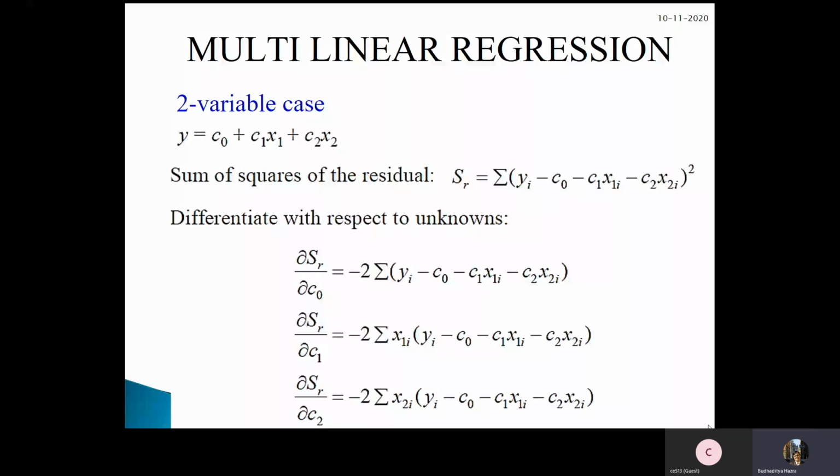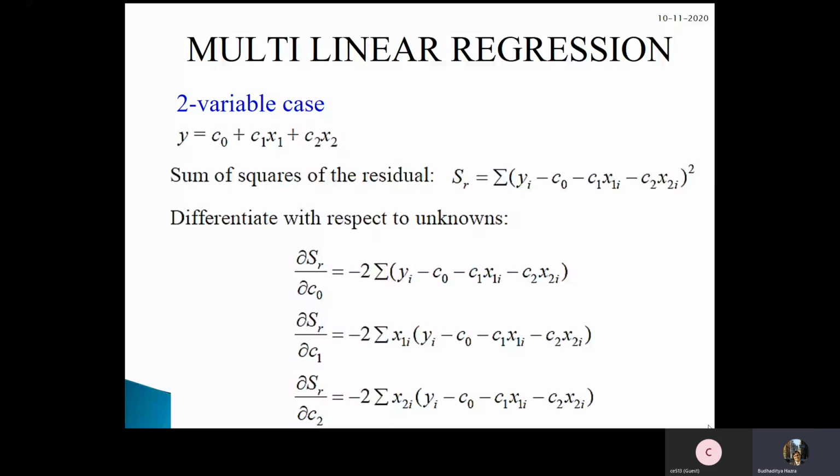So coming back from the single variable to multivariable regression, that is the 2 variable case, we have the same problem, but instead of y is equal to alpha plus beta x, we have y is equal to c0 plus c1 x1 plus c2 x2.